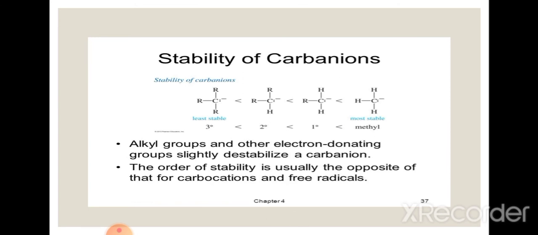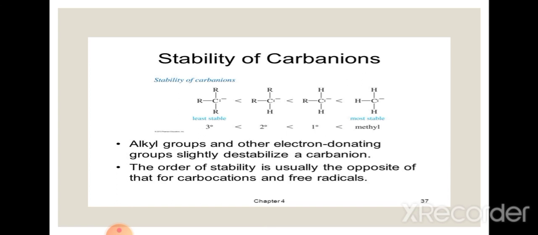If you are able to draw primary, secondary, tertiary carbon, then just put the negative charge on the primary, secondary, and tertiary carbon. That will be your example. So you can draw methyl, ethyl, isopropyl, and tertiary butyl carbanion.